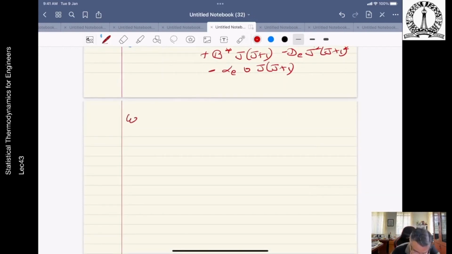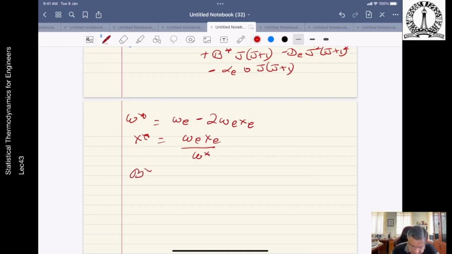So omega star is equal to omega E minus 2 omega E XC. X star is equal to omega E XC by omega star, and B star is equal to BE minus half alpha E.